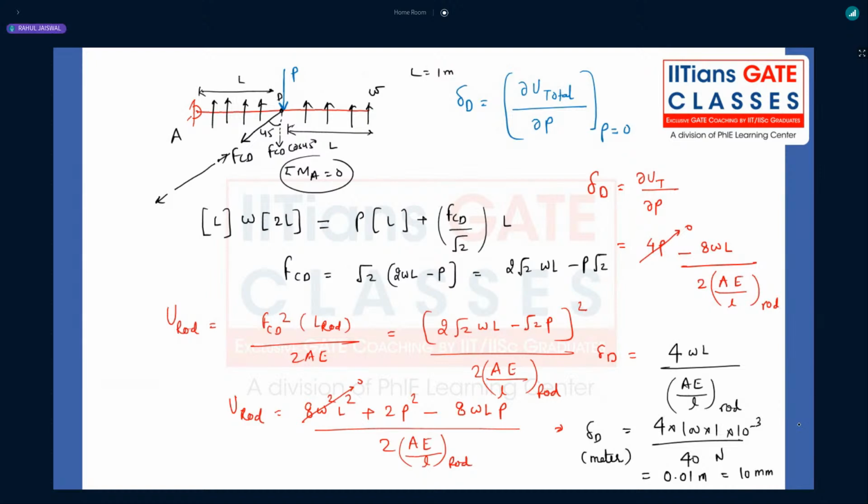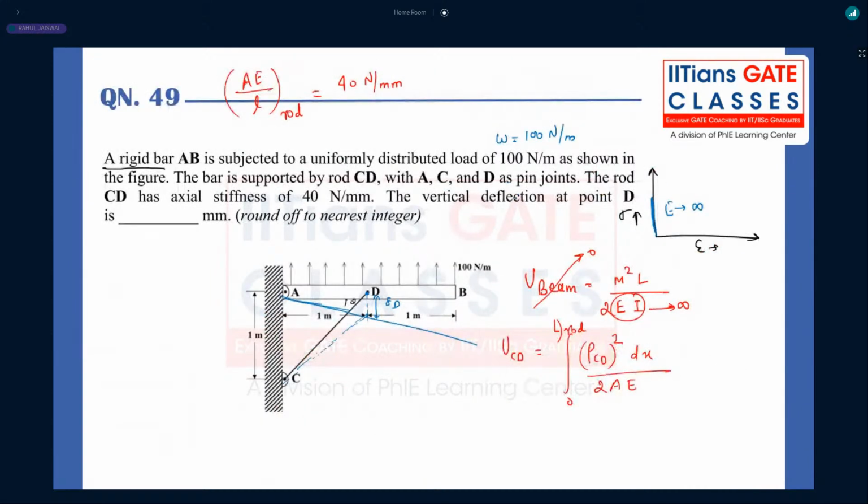Can we move to the next question? Fine. So maybe here and there we will see what the final answer will be, but we are giving the solutions that has to be correct, I think. Round off to the nearest integer they have mentioned, so the 10 will be correct.